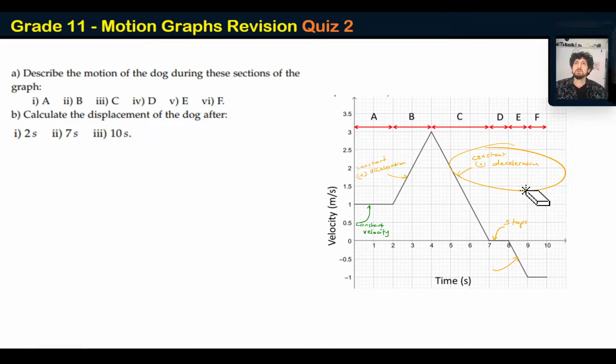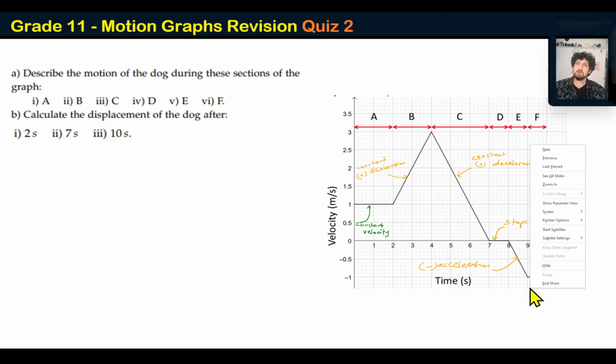Okay, so now we've got negative acceleration, and then over here we've got constant negative velocity.